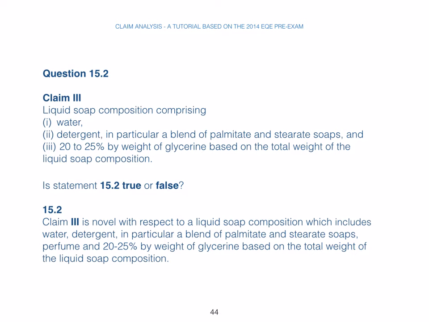Now the question is, does the inclusion of the additional component perfume take the prior art composition out of the scope of Claim 3 or not? Is the claim novel, true or false? You have to answer, and then we will check your answer later on.